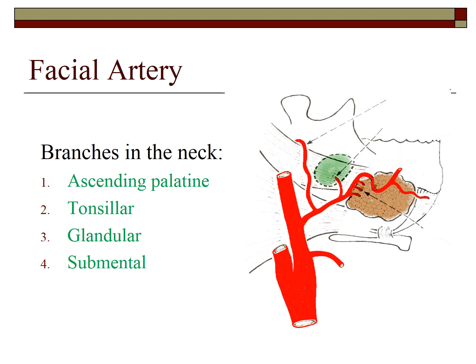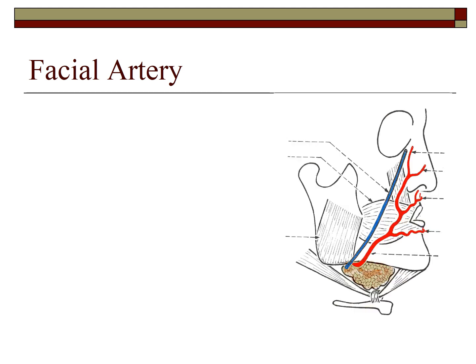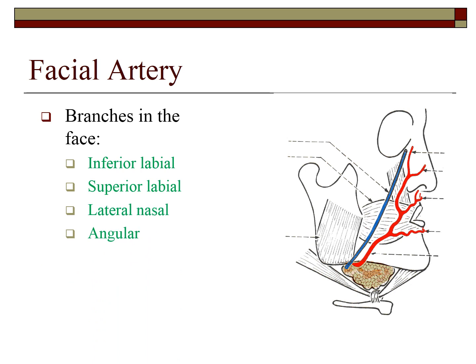So these 4 are branches of the facial artery in the neck: ascending palatine, tonsillar, glandular, submental. What about the branch? These are the 4 branches of the facial artery in the face. Thank you.